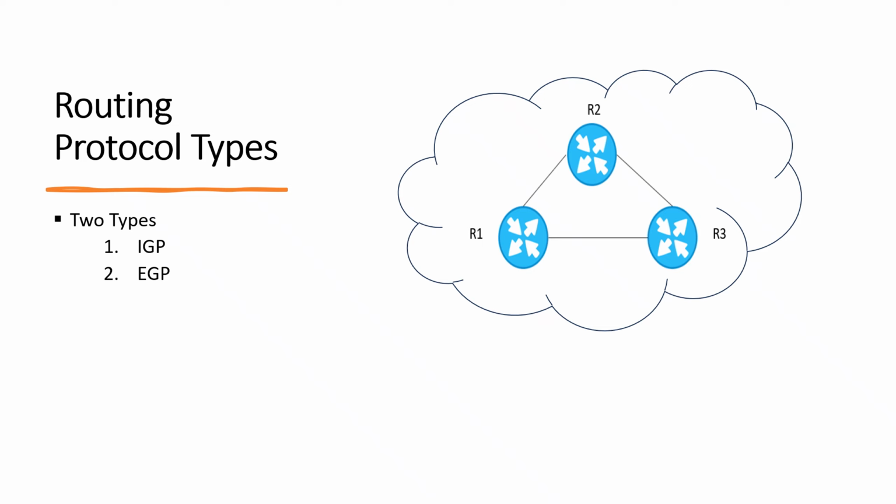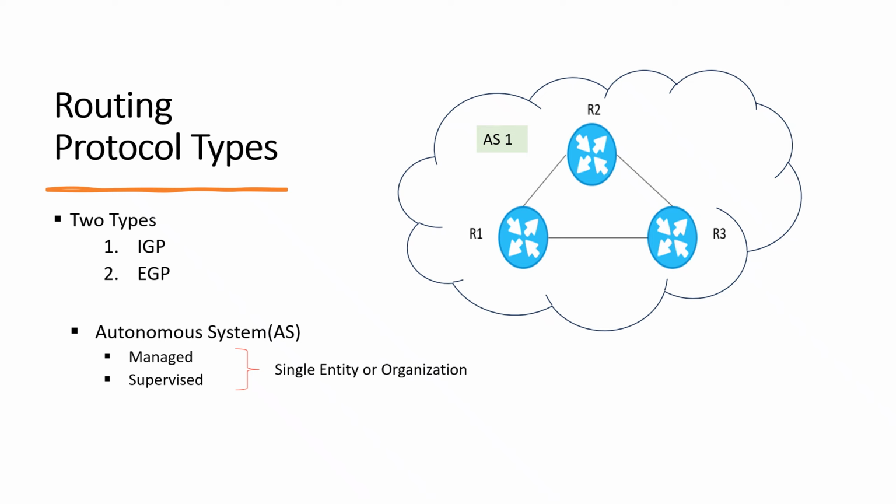Before we understand the differences between IGP and EGP, we need to understand an important term, that is autonomous system, or AS. An autonomous system, or AS, is a network or a collection of networks that are all managed and supervised by a single entity or an organization.